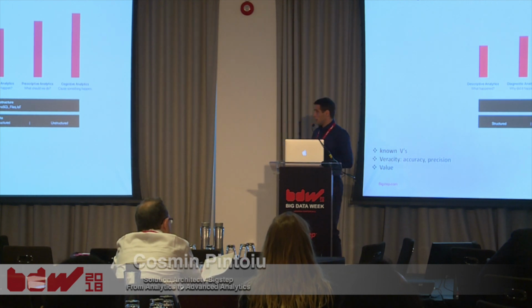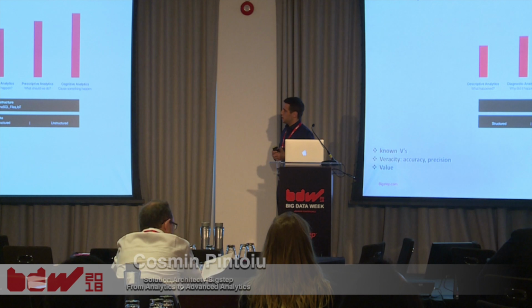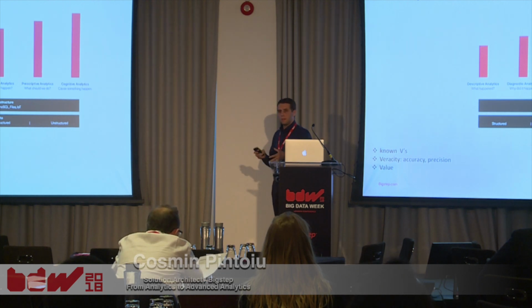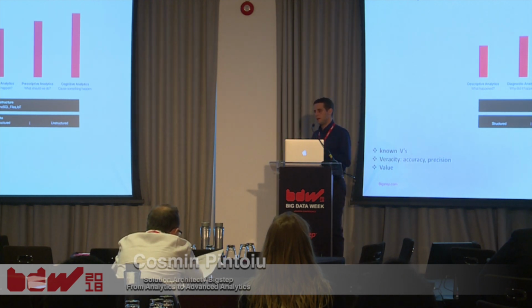Now, if I think of value, there was an interesting talk that I looked at a while ago. There is dense information in relational databases, and its value is very high.